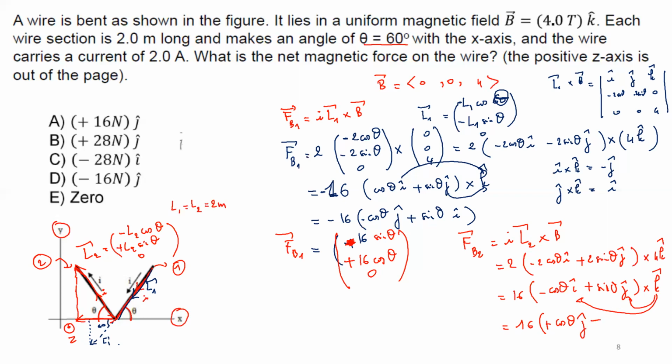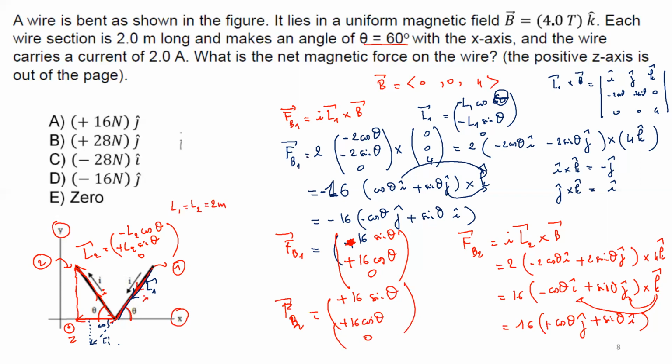And then here, J hat cross K hat gives me plus I hat, so sine theta I hat. So FB2 is plus 16 sine theta along I hat, plus 16 cosine theta along J hat, and 0 along K hat.